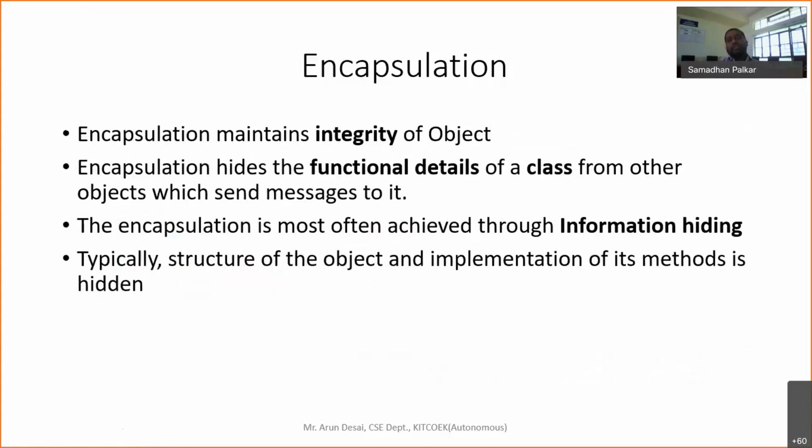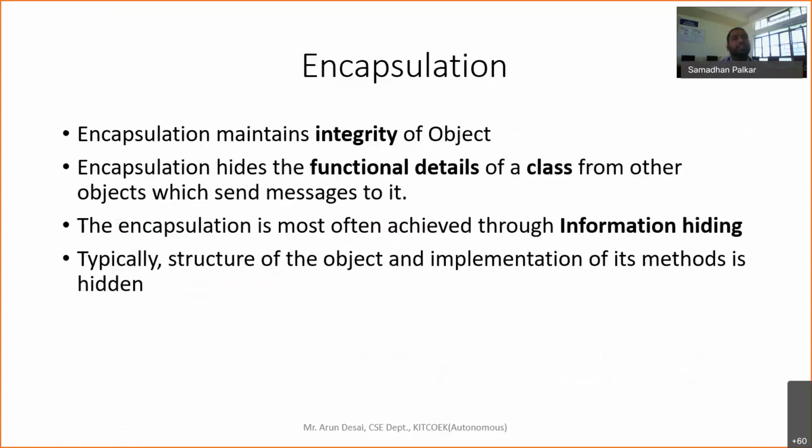What we achieve using encapsulation is that we maintain the integrity of an object, right? No one can change that object's state if we bundle it together. Encapsulation also hides the details about the functions inside that class.